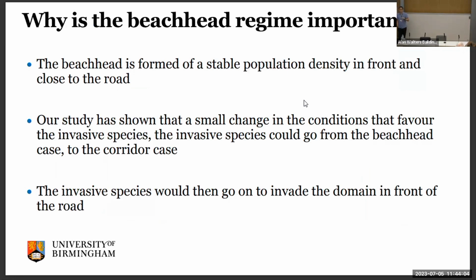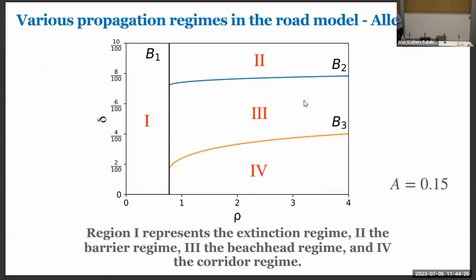But if you change the conditions of the invasibility of the species, if say with changing climate conditions, the invasive species suddenly performs a bit better in that area, you go from this stable case where it's not really causing any problems to transition into the corridor case where we go on to invade the domain in front of the road.